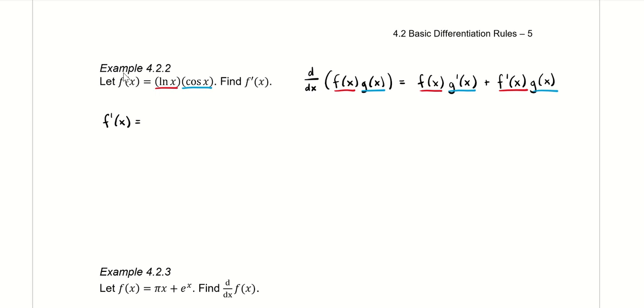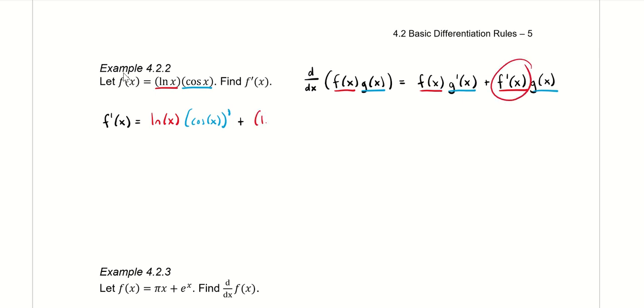All right, so I'm going to take my first function. Here I've underlined that as the natural log of x. And I'm going to multiply that by the derivative of my second function. Right now, I'm just going to write that as cosine of x, and we're going to take the derivative of that. Plus the derivative of my first function.